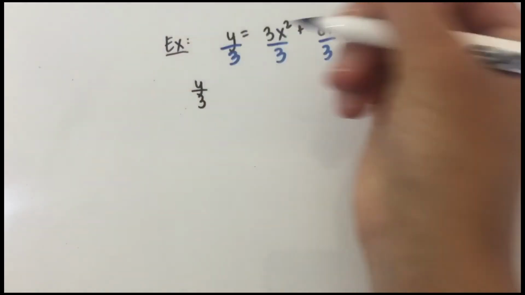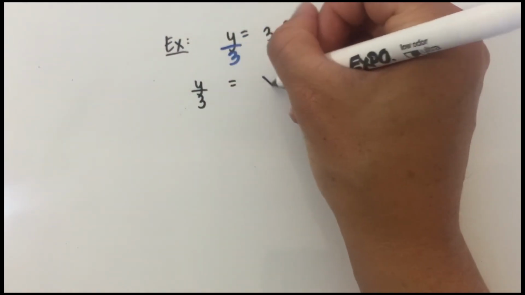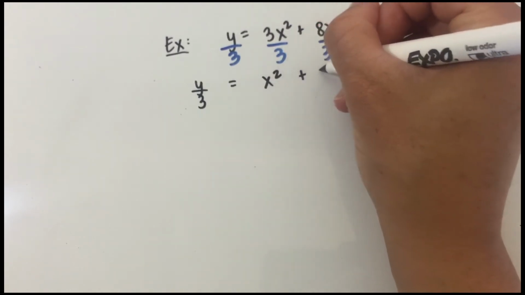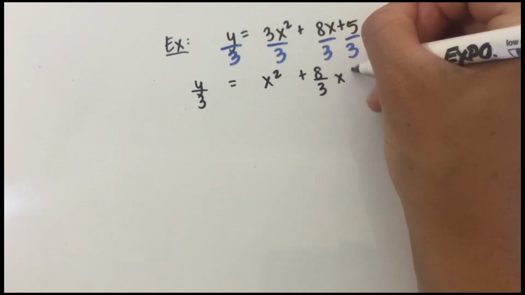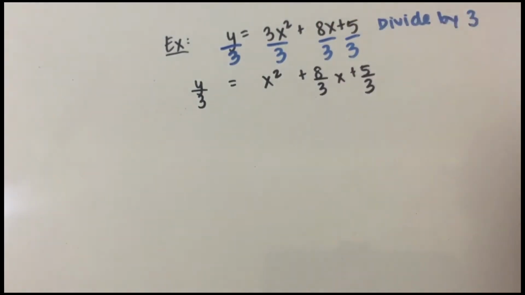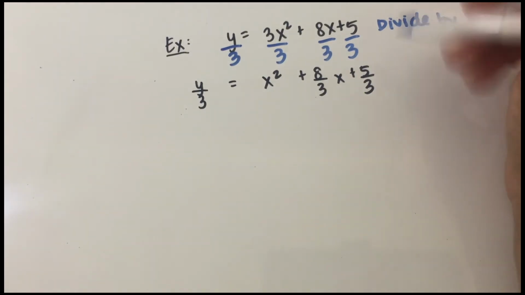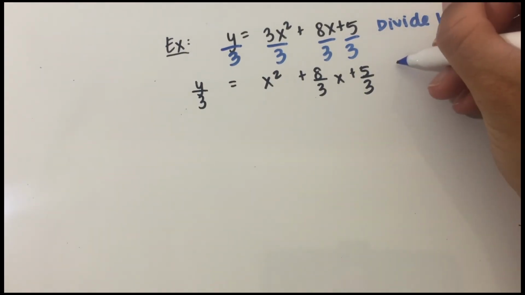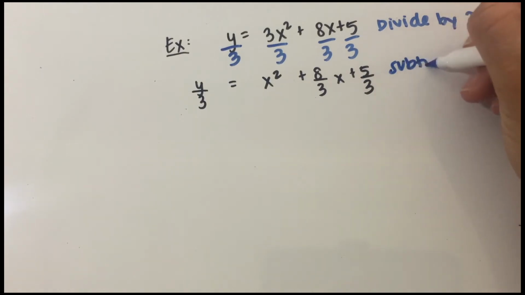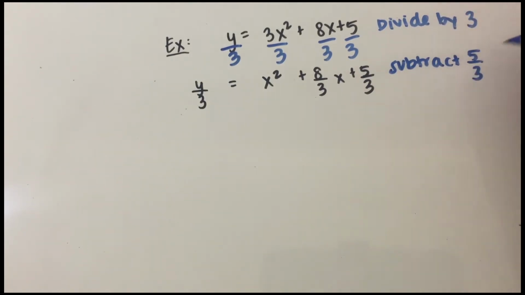This will get me y over 3 equals x squared plus 8 over 3x plus 5 over 3. And now I'm going to subtract the constant over to the other side. So I'm going to subtract 5 over 3, just how we did in the last example.